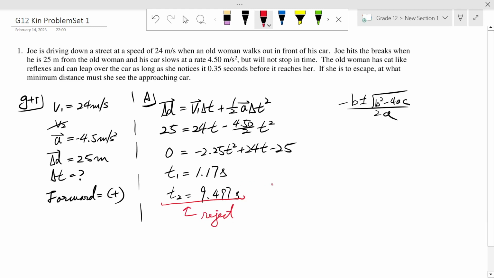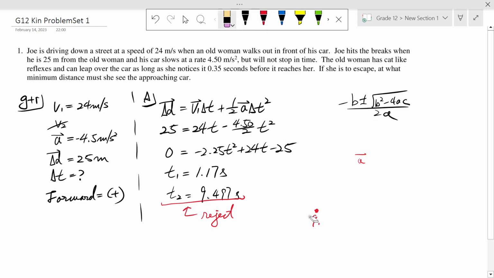because guess what? They're both positive. And why I'm rejecting the larger one is because your car is going this way, but your acceleration is against you. So once you reach this point, that's the lower point in time. And after you come back to this point, that's your larger point in time.